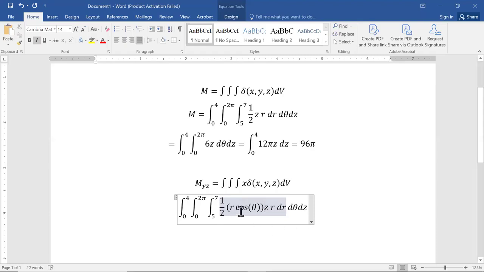So this x becomes r cosine theta. We'll be integrating with respect to r, with respect to theta, with respect to z.